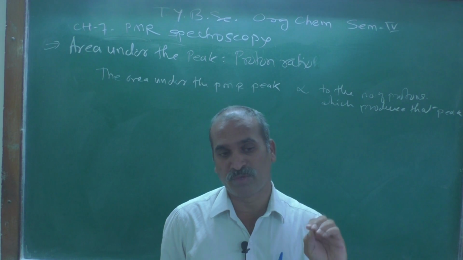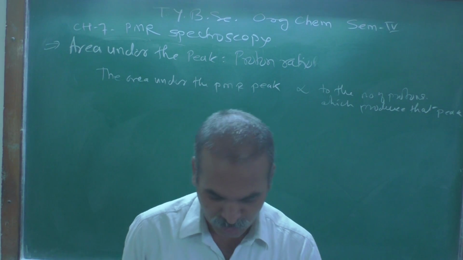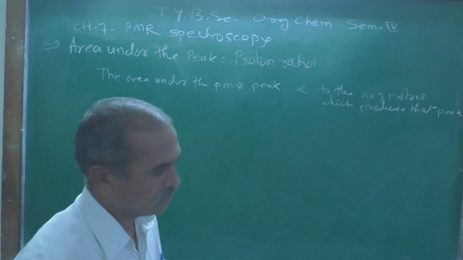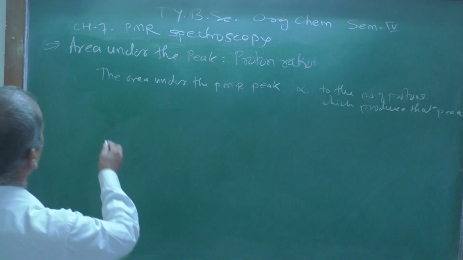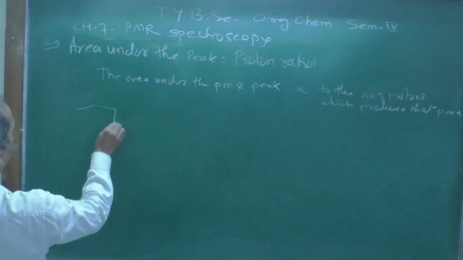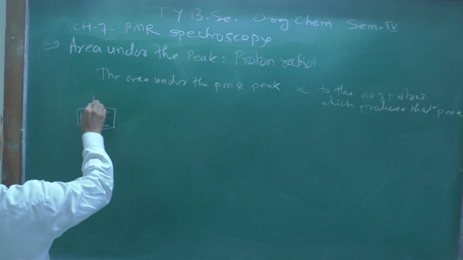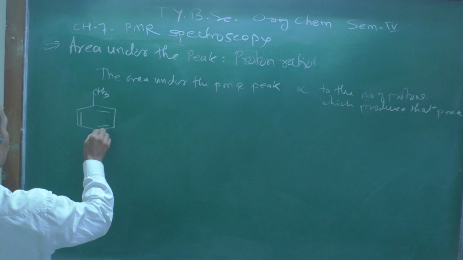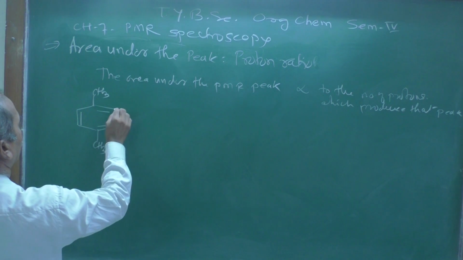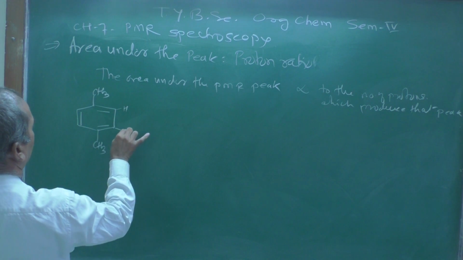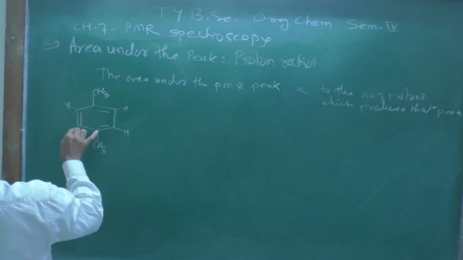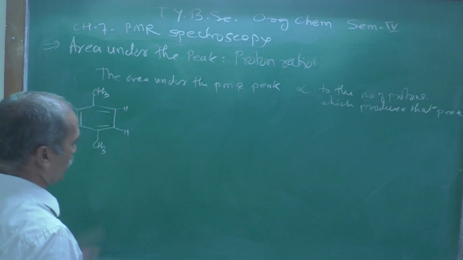So you know the structure of paraxylene. Let's draw once again the structure of paraxylene. The structure will be this one: CH3, then CH3, here H, here also a hydrogen atom, here also hydrogen atoms.